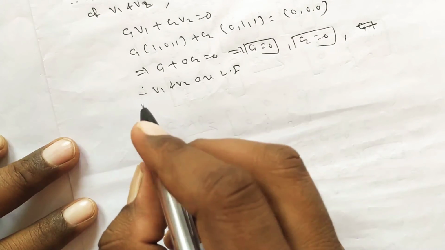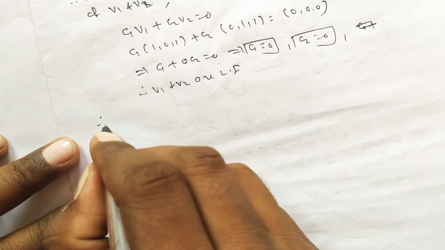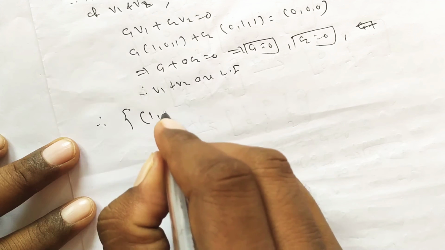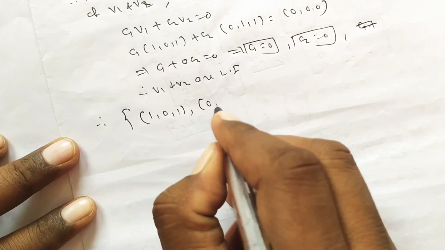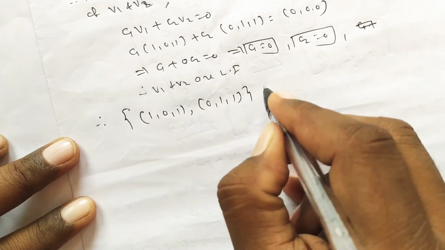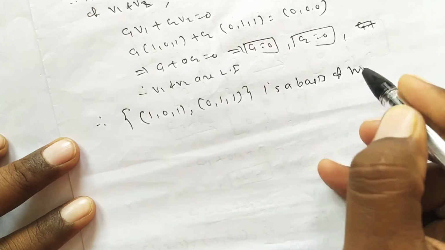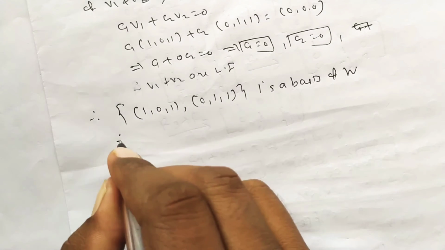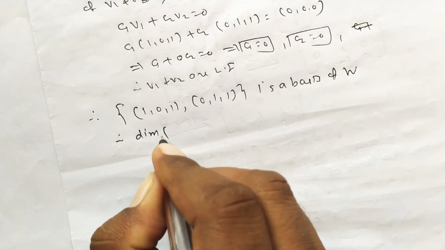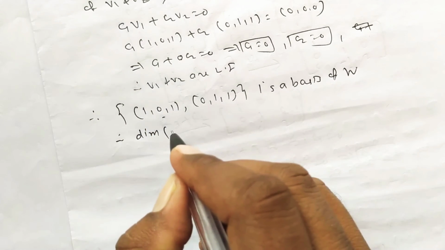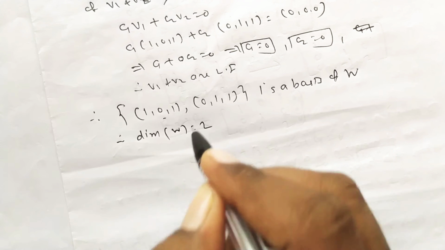Okay, so v1 and v2 are linearly independent, and therefore what is the basis of the given set? That is (1, 0, 1) and (0, 1, 1) is a basis of W. Now if (1, 0, 1) and (0, 1, 1) is a basis of W, then what is its dimension? Dimension is the number of vectors in the basis, that is 2, so the dimension of W is equal to 2.